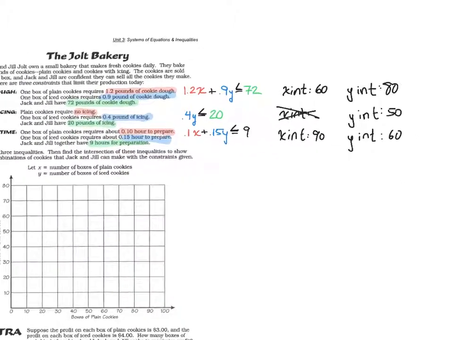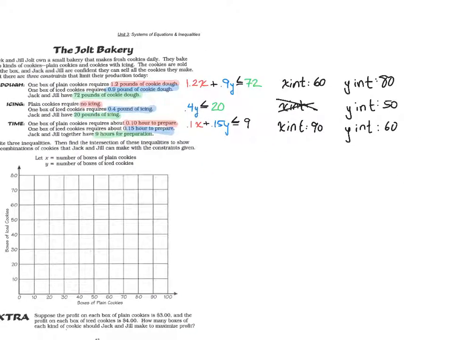Then you just graph those. Graph them, and then you just got to get your shading right. All right, so for the first one, 60 and 80. Straight line. Now you could come up with reasonable labels for this. I'm going to call this equation 1, and equation 2, and equation 3, just to make the labeling a little bit easier.